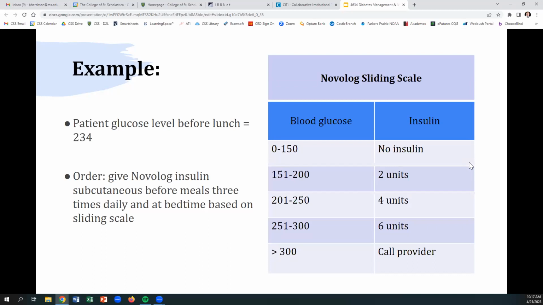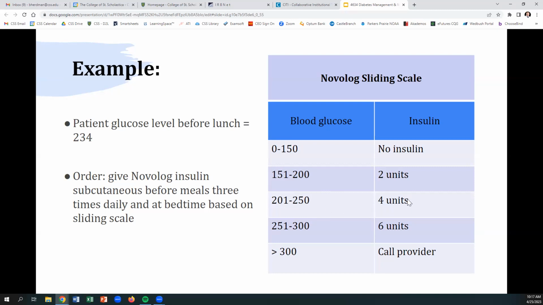At a blood sugar of 234, how much insulin should you administer to the patient? We've got 234 as our reading. We go over to the left-hand column and look at where the range is. It looks like it's right here, 201 to 250. We go across.